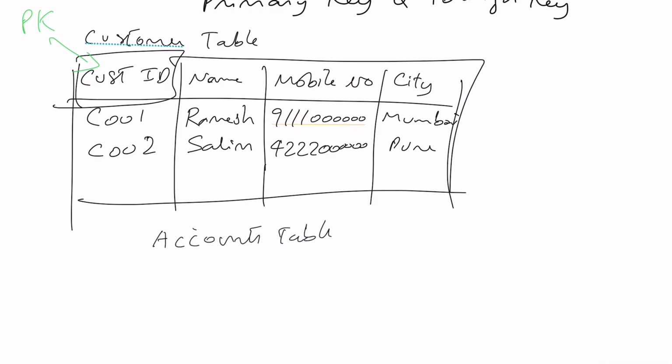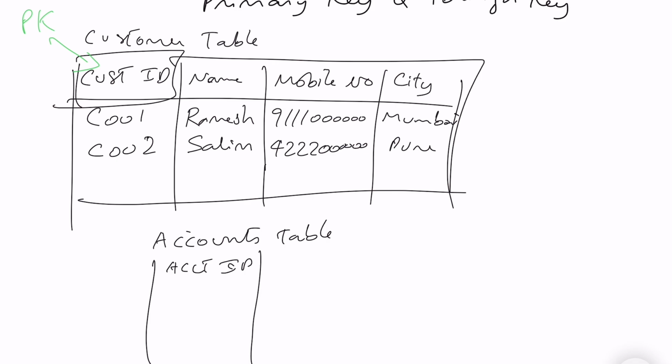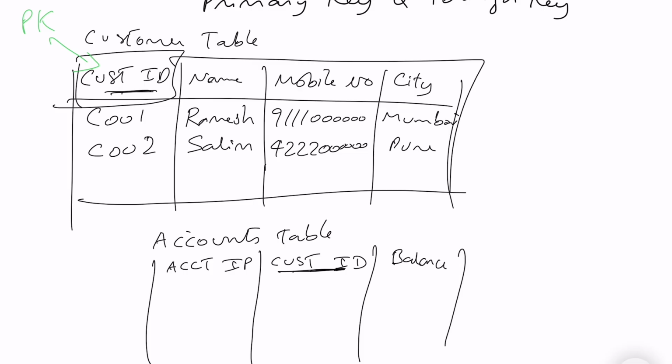right, which I think I had created some time back, where I deliberately did not put the name, right. So here is your account number, your account ID will be one of the columns, then I think I had put customer ID. You can view that this customer ID is actually coming from here, okay, the same customer ID I have mentioned it over here, and you may have a balance, let's say, okay.